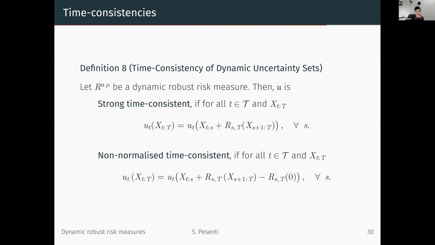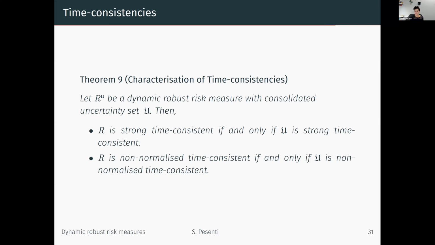So this is a way of defining time consistency of our uncertainty set. And again, this is created such that we get an if and only if statement. R is strong time consistent if and only if the consolidated uncertainty is strong time consistent. And again, if you start with an uncertainty set that is strong time consistent, then your consolidated one is also strong time consistent.